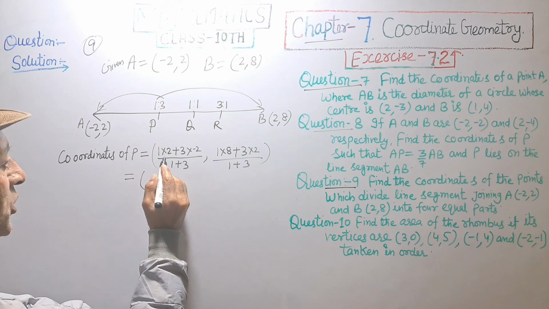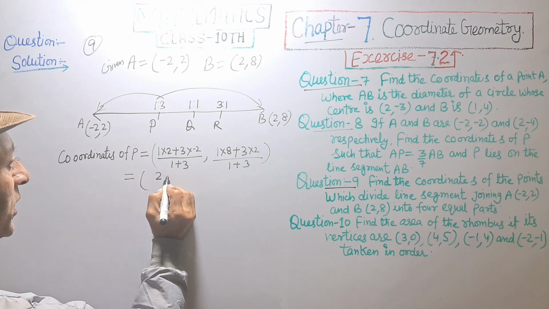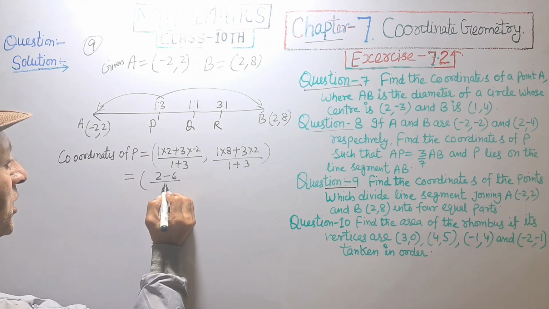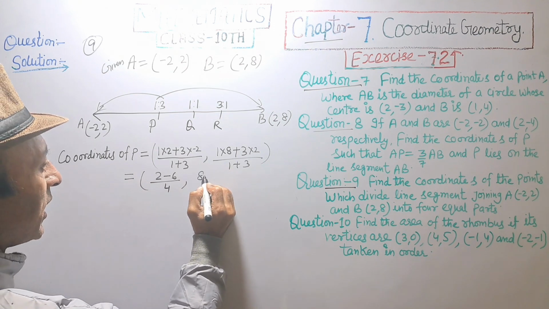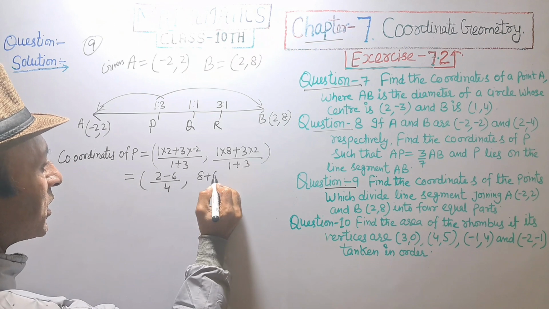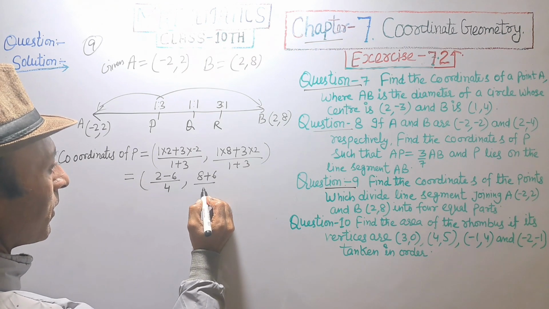So the coordinates of P are (2 - 6)/4, (8 + 6)/4.